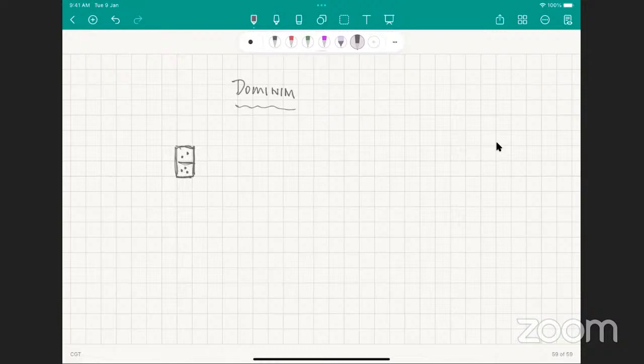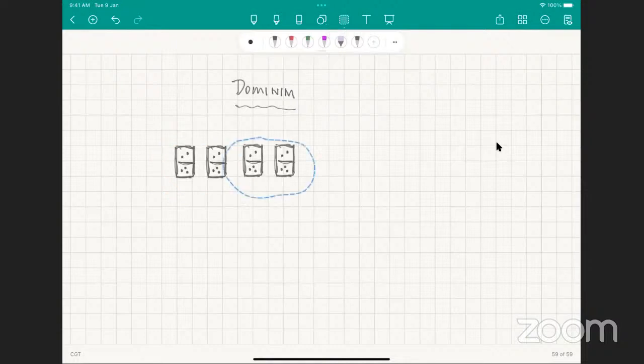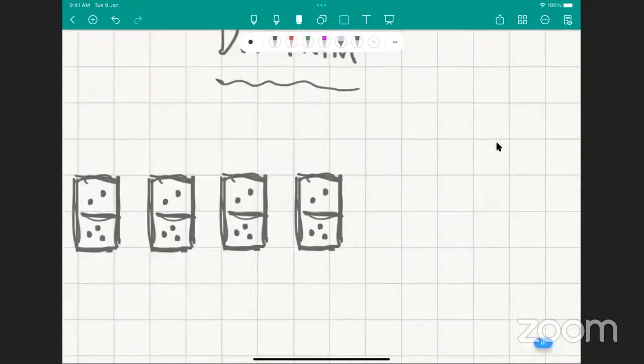And in Dominim, instead of heaps of sticks or pebbles, you're given a collection of dominoes. And your playground is all the domino things on the top.